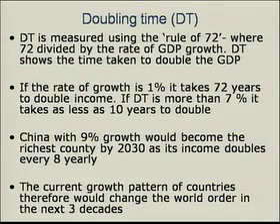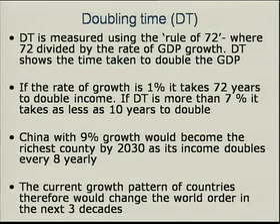A country that has 8% might take 9 years or more, right? So therefore, doubling depends on the rate of growth. If a country has a high rate of growth, it can double within a shorter period of time. If a country has a low rate of growth, it takes a longer time to double the income, GDP income.